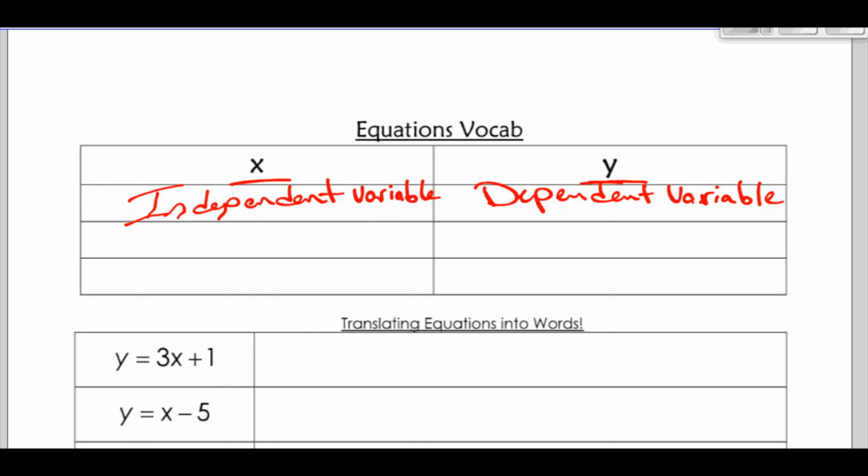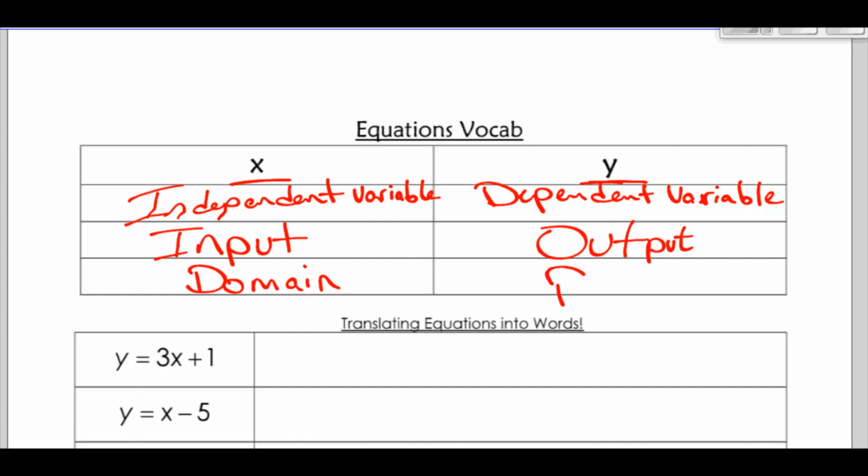The x can also be referred to as the input. It's the number that we're putting into the expression or equation, and we're getting an output. It's the input and the output. And the way we phrase these two things with functions, when we learned about whether it's a function or not, we talked about them as domain and the range.